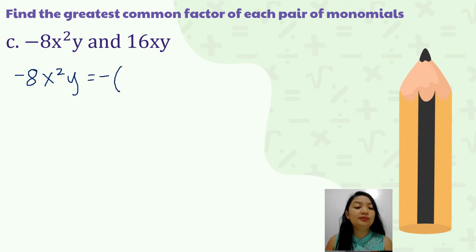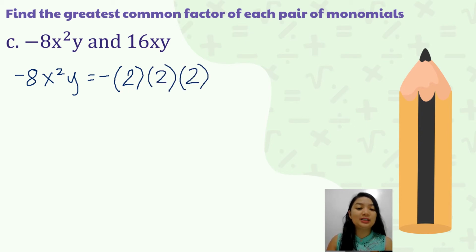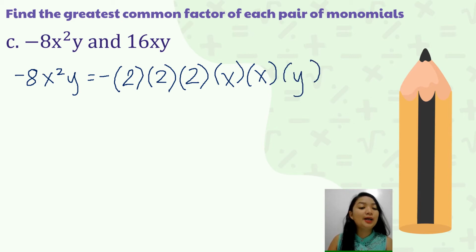Let us remove the negative sign for a while, or we place it outside the parentheses. So that is 2 times 2 times 2. How about x squared? That is x times x. And for y, we have times y. How about 16xy?